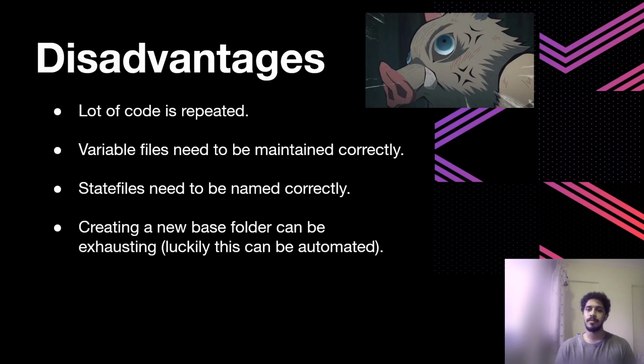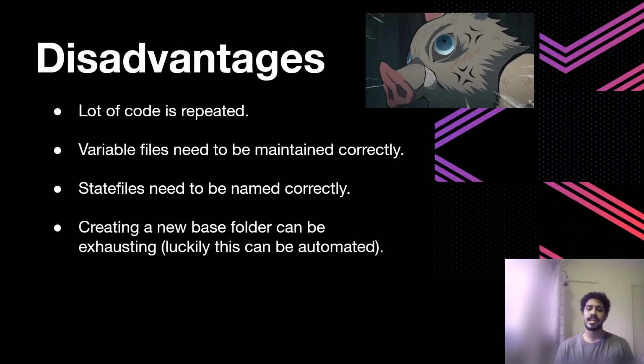You'll also have to maintain many variable files per folder. State files also have to be named correctly. In case you accidentally put another state file's name, because we tend to copy paste a lot, you could overwrite a state file. That also can be bad.